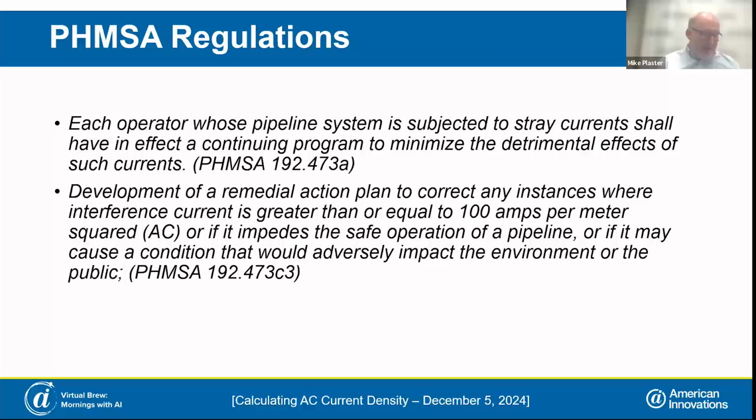But then the kicker comes in where they say that if it impedes safety operations on the pipeline or adversely affects the environment or the public. So that leaves it a little wide open there.